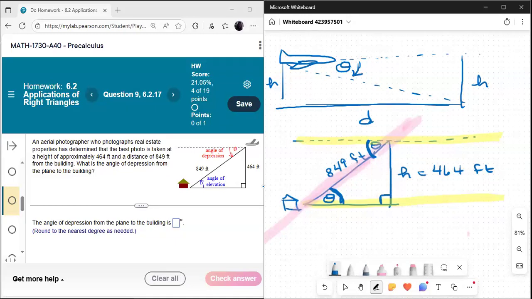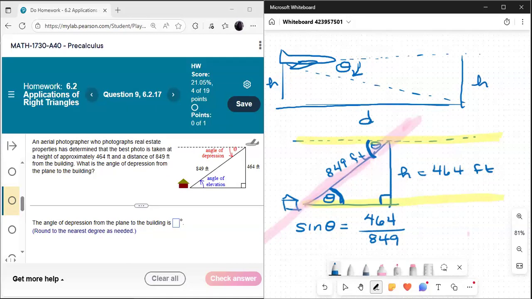And so we can use trigonometry to find out what the angle of elevation is at the base. So if we have the opposite side and the hypotenuse, we can do the sine of theta is equal to 464 over 849.